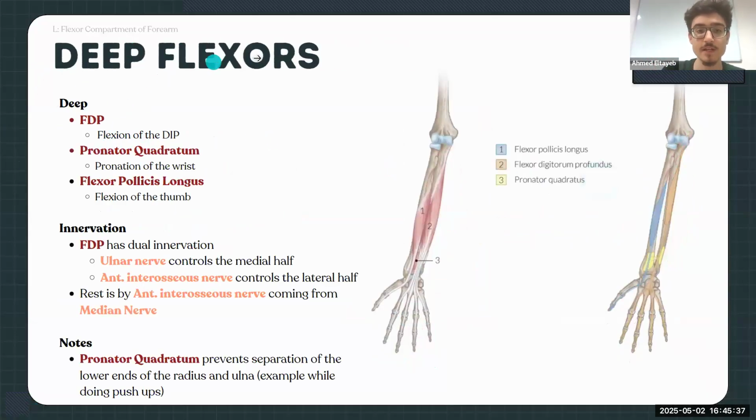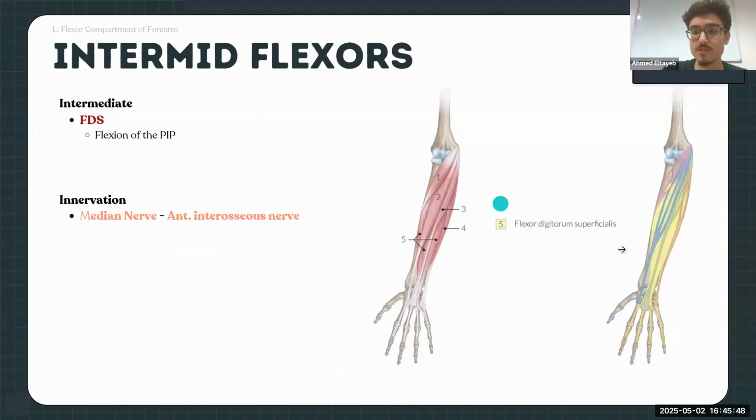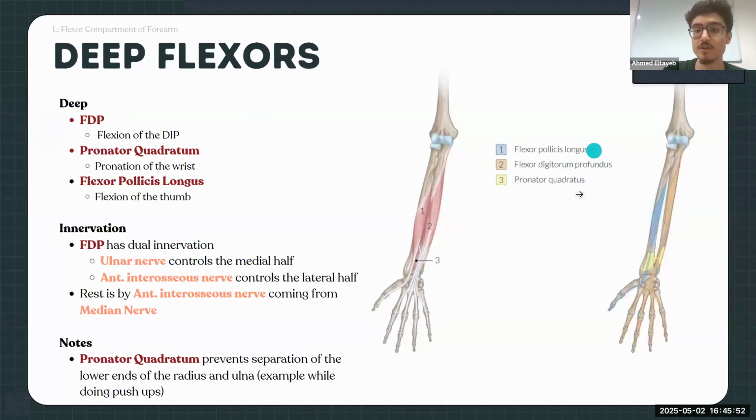The final flexor layer, which is the deep layer, has three more muscles: flexor digitorum profundus, pronator quadratus, and flexor pollicis longus. Another thing about naming, because you have a superficialis here, expect a profundus, which means deep. Superficial is very close to the surface, and profundus is below it.